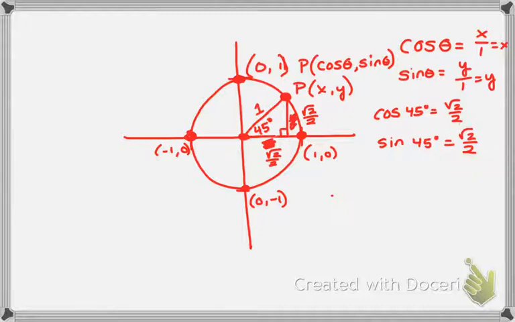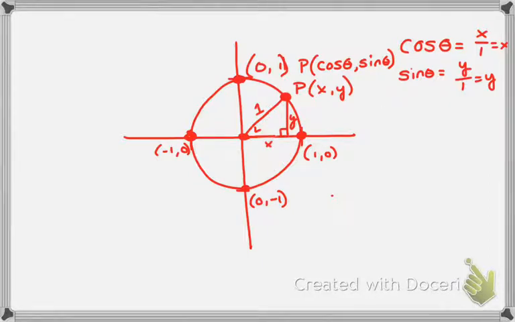Or let's make it a 30, 60, 90 triangle. So let's make 30 degrees here. If we remember, what would my short leg be on a 30, 60, 90? Well, it's half of the hypotenuse, so my y would be 1/2. My x would be multiplying that by a square root of 3, so square root of 3 over 2.